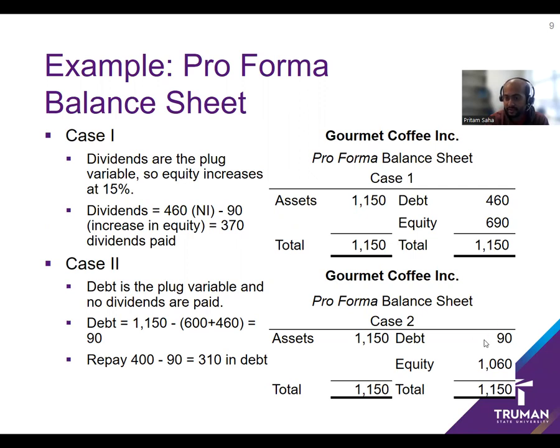So the difference between 400 and 90 will be paid back. We'll repay that debt. So the management will decide what the plug variable should be, and then they play accordingly to make sure the balance sheet balances. If you have any questions, feel free to write them down. We can answer in the next class.